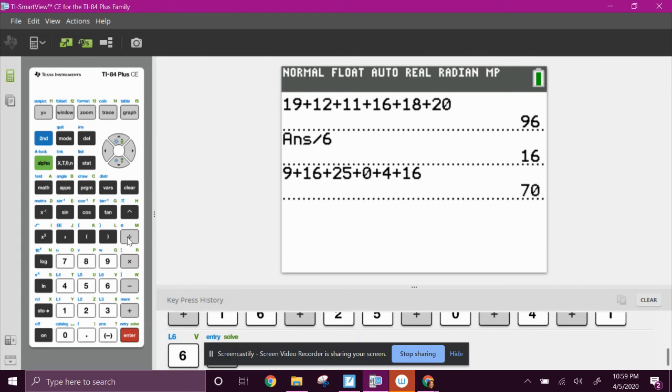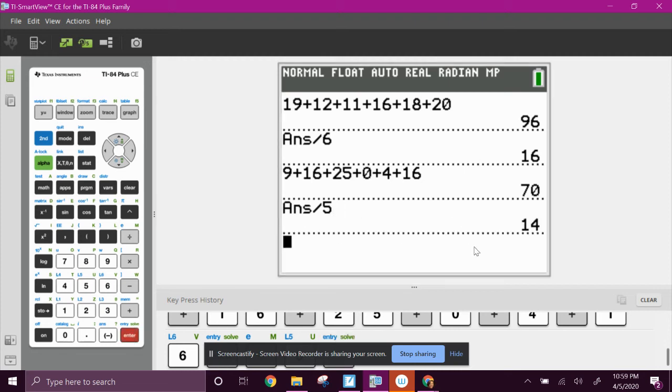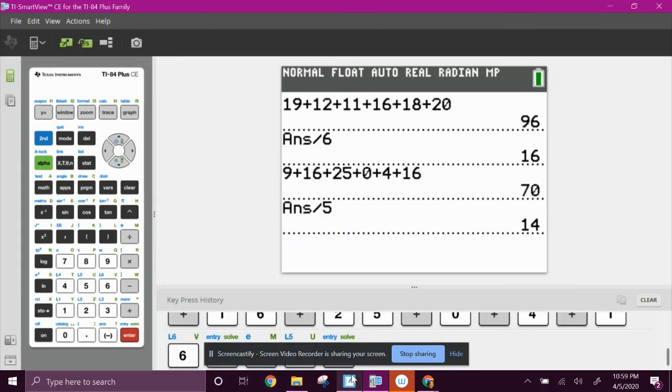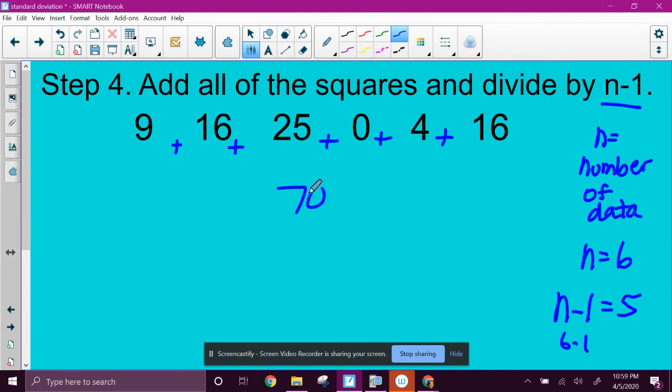And then I'm going to divide that by n minus 1, which was 5, because there were 6 pieces of data, but I'm taking one of those away. We got 70, and if you add all those up and then divide by 5, we get 14.